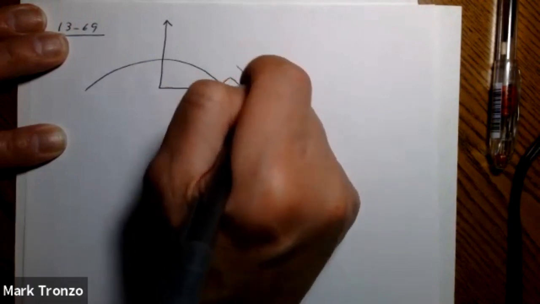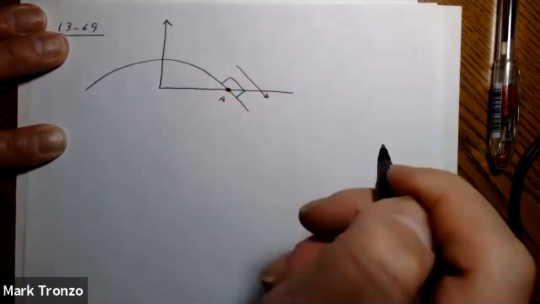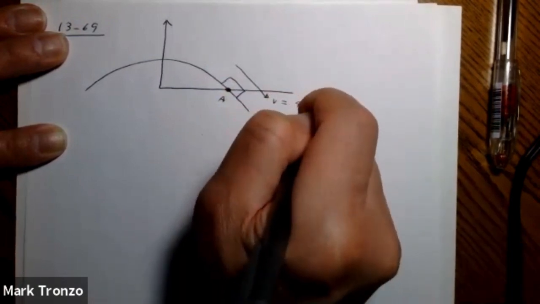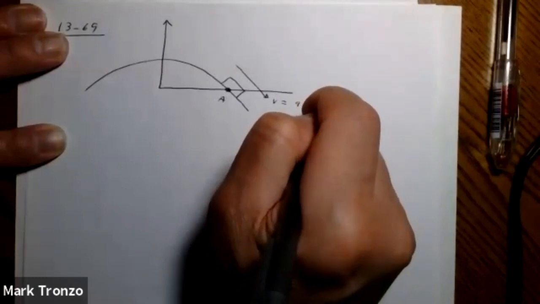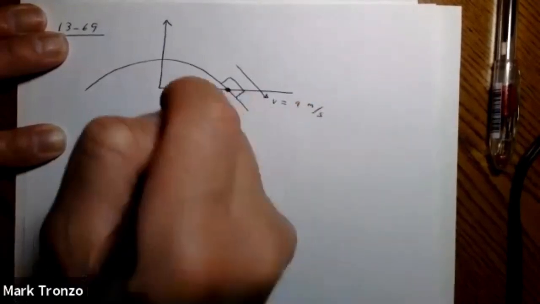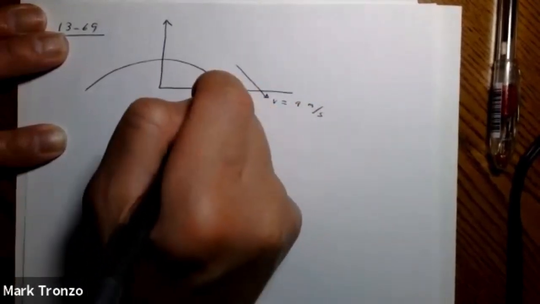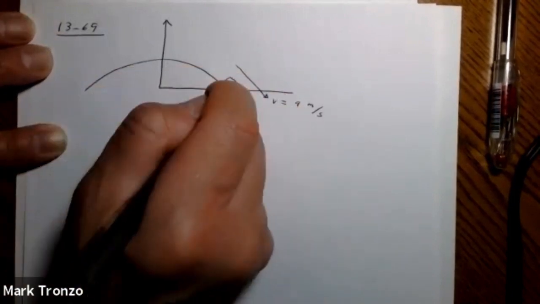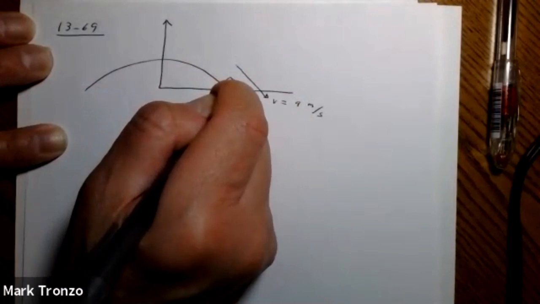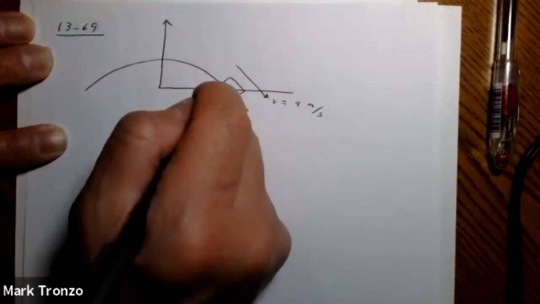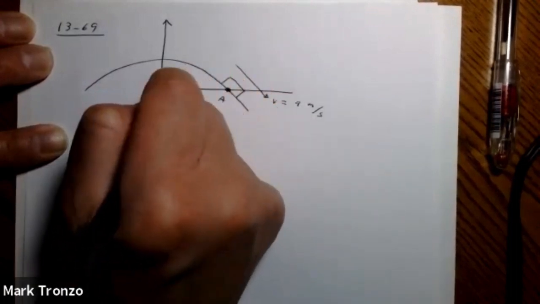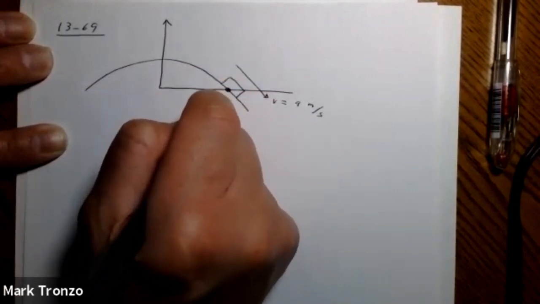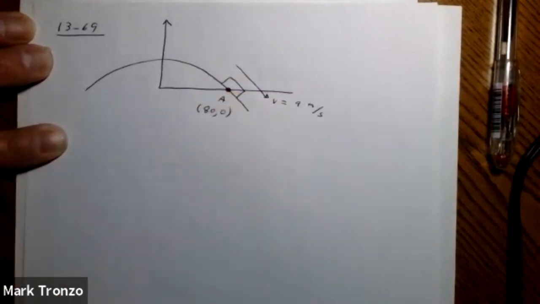And we're given a velocity. And we're told that this is 80, and of course, that's going to be 80 and 0. So our point A is going to be 80 meters here, so 80 and 0 is going to be the coordinate.